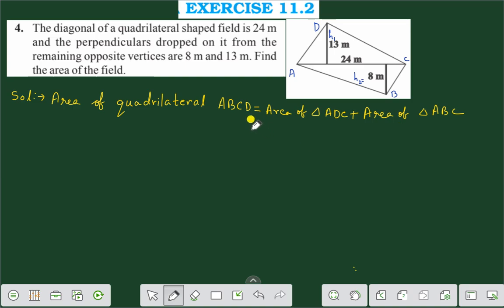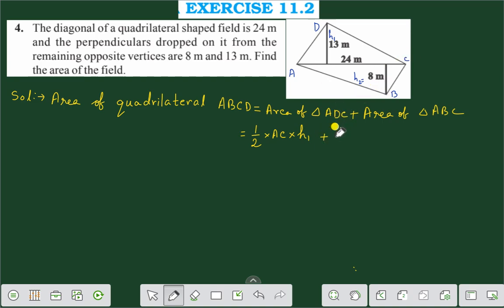Now we find the area of the triangle ADC. We know that area of a triangle is half base into height. That is half, base is AC into AC and height is H1. We have taken it as H1, plus area of triangle ABC.